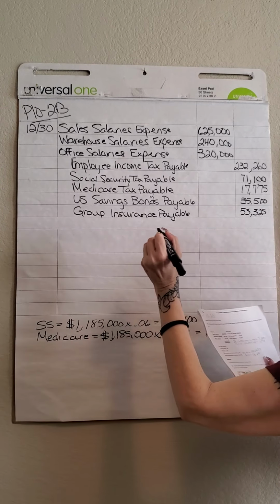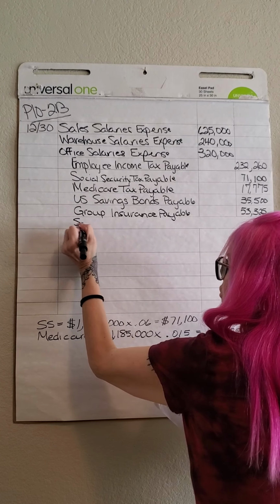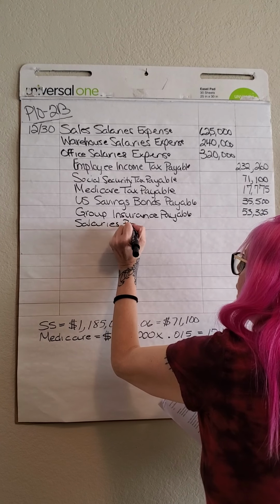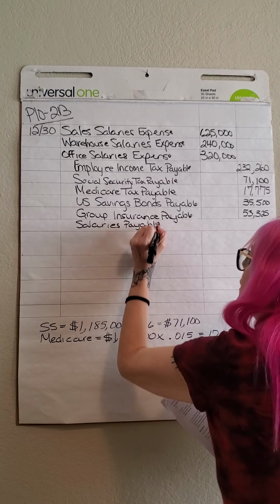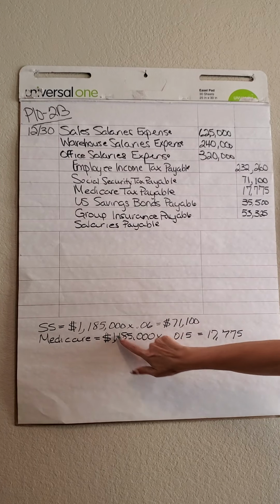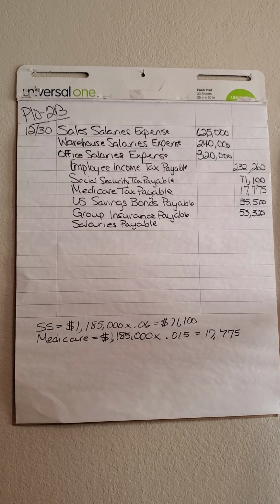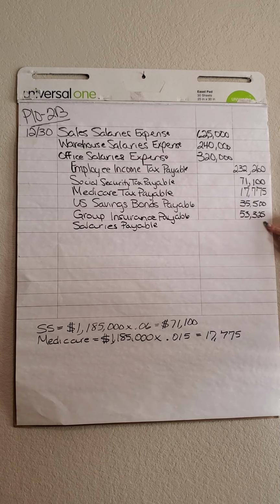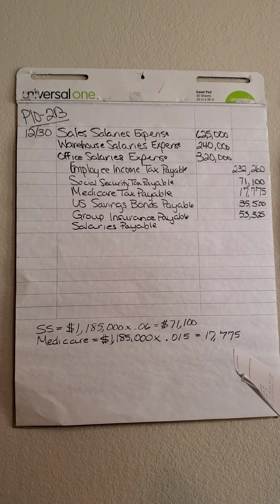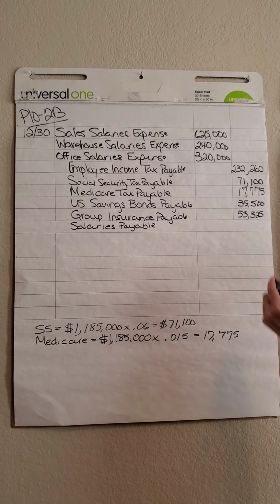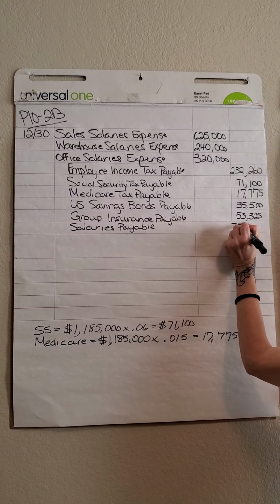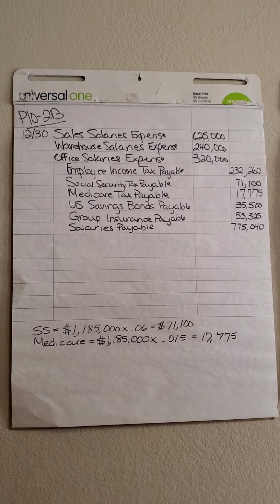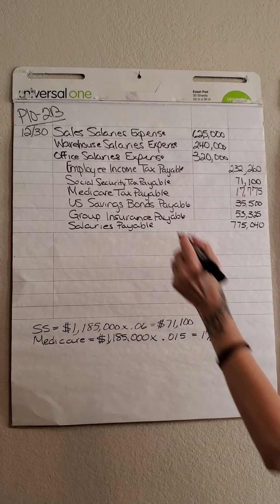And so the last credit is going to be to salaries payable. And salaries payable is going to be the difference between the total salaries, the $1,185,000, and all the other deductions here. And that amount comes to $775,040. So that's the first journal entry they ask us to do in 1A.